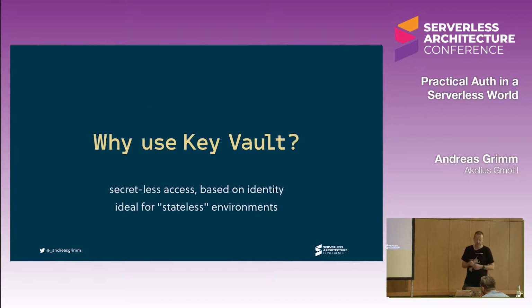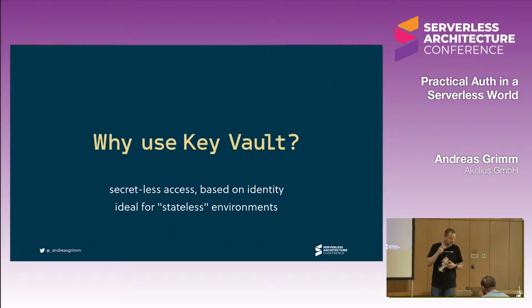And why should we use Key Vault over something like HashiCorp Vault, for example? Who is familiar with this HashiCorp Vault product that is open source? You might have heard of it. You have to install it.